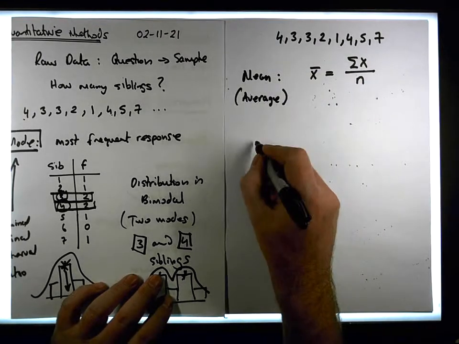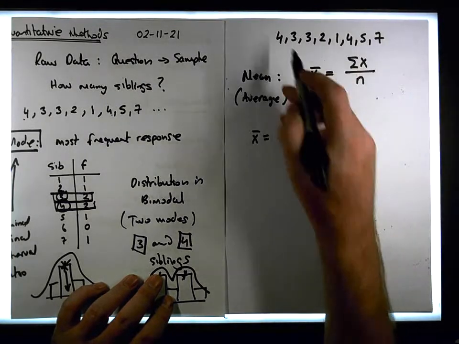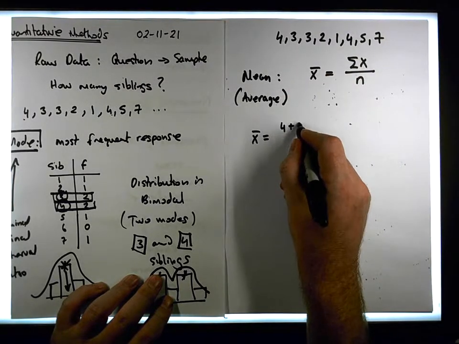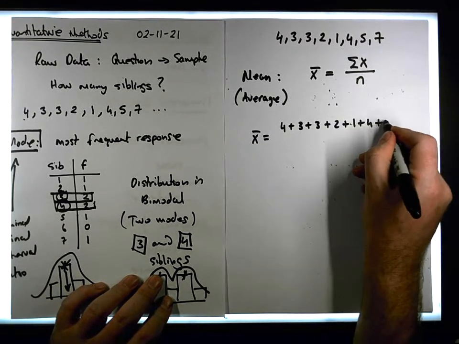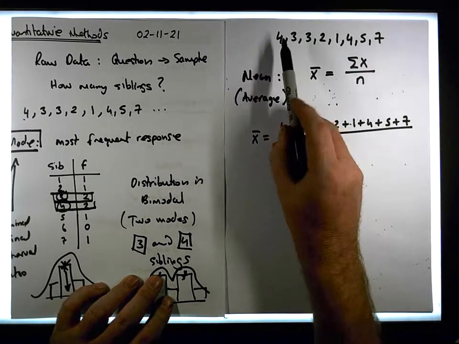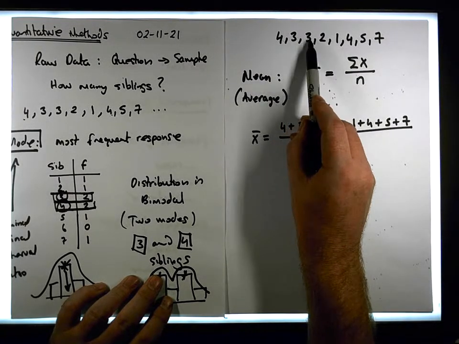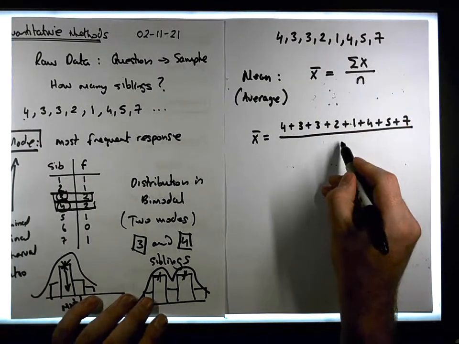So our mean, our X bar, is simply the sum of these observations: 4 plus 3 plus 3 plus 2 plus 1 plus 4 plus 5 plus 7, divided by the sample size. How many observations have we got? 1, 2, 3, 4, 5, 6, 7, 8. We have 8 observations, so we're going to divide by 8.